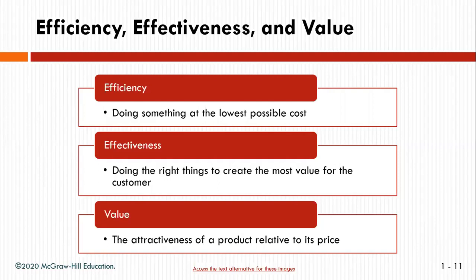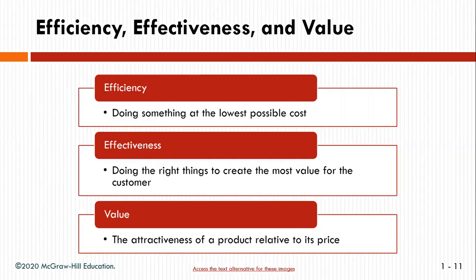Now, whether you are talking about products or service or a combination of them in the middle, there are three things you need to take into consideration: efficiency, effectiveness, and value. Efficiency is doing something at the lowest possible cost.